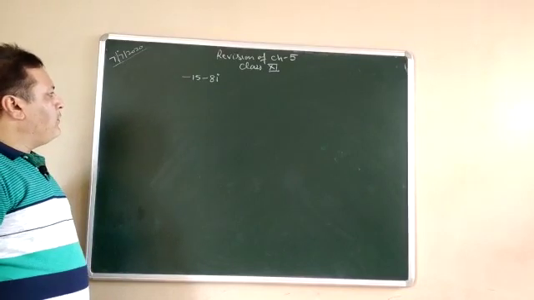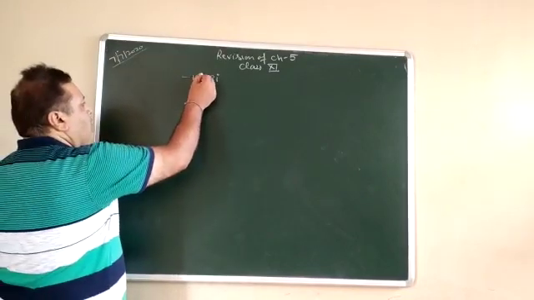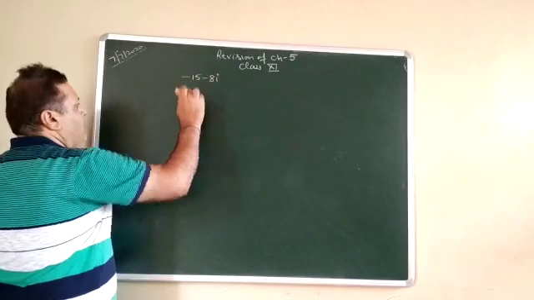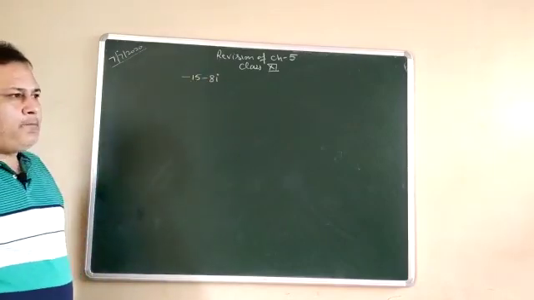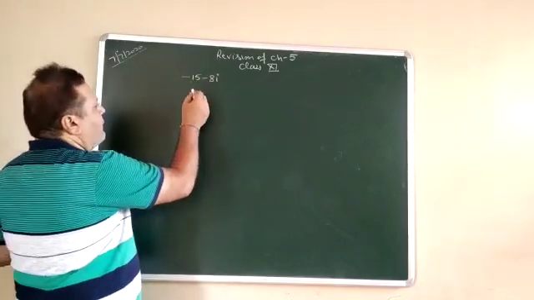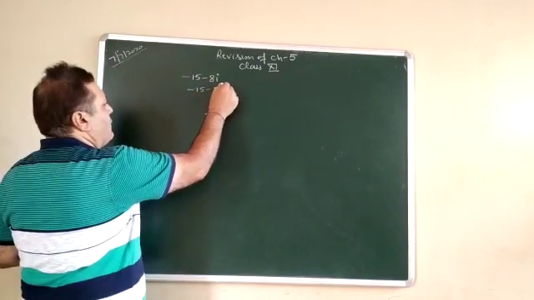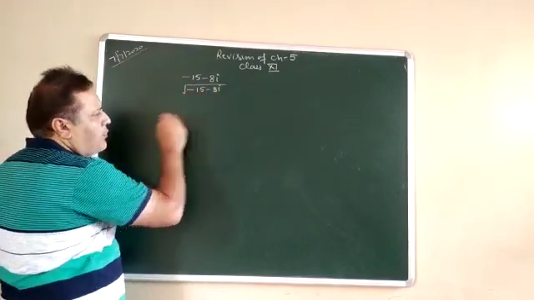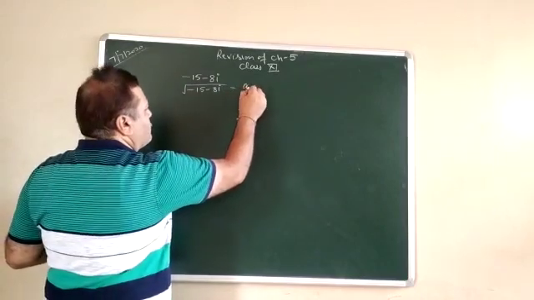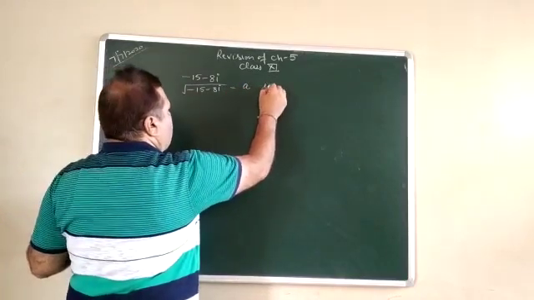Now we find the square root of 15 - 8i. See, how can we find the square root of 15 - 8i? Let this result equal a + ib.